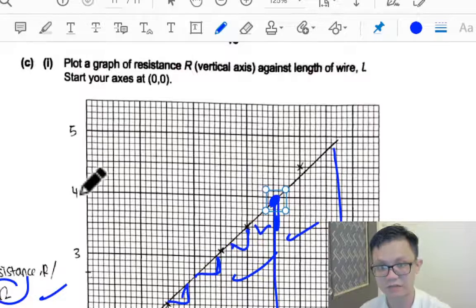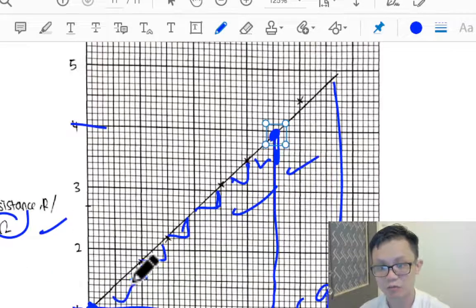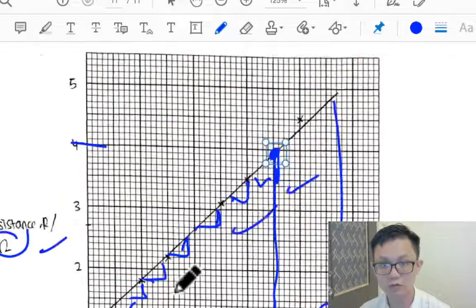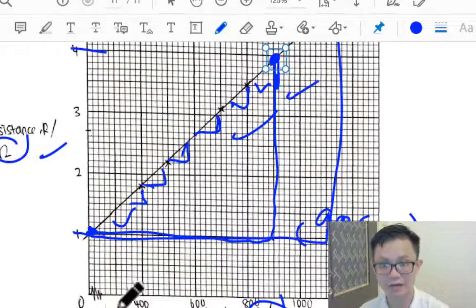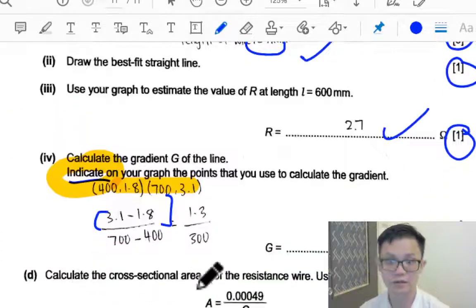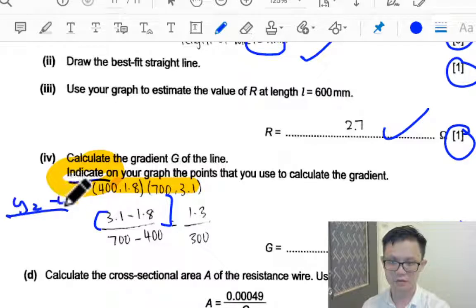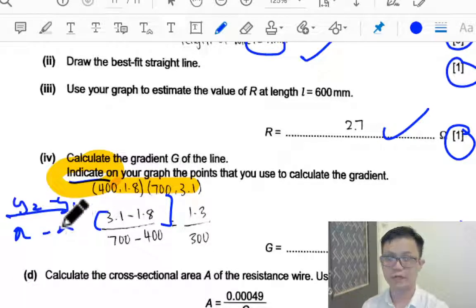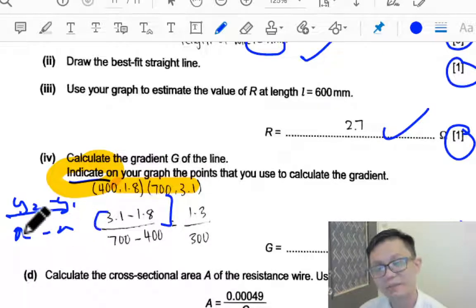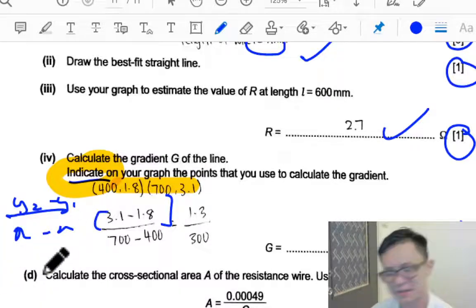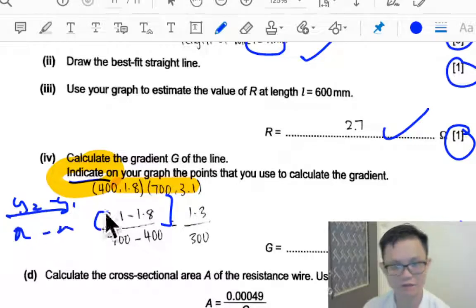Let's say 4 minus 1 over 900 minus 0, for example. So you should get the answer. Actually, if you can, write the formula also. I don't think it will help, but it's good, because maybe you can get 1 point. But I didn't see anyone in science who wrote this formula get a point.